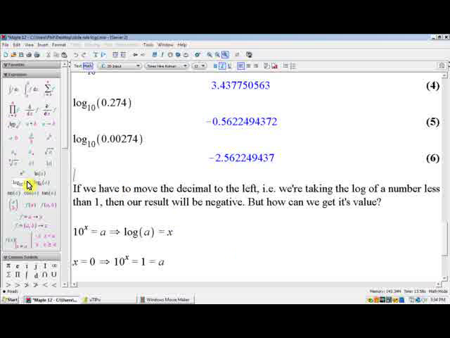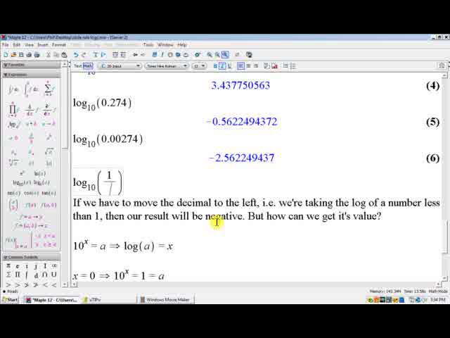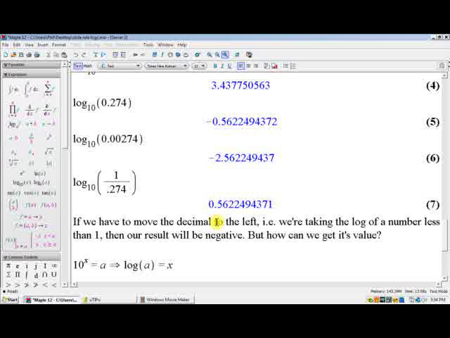And we can go ahead and try that. I'll take the log base 10 of 1 over, and I knew my numbers were 274, except they're on the wrong side of the decimal. They're here, 274, right? And this should give me positive 0.562. There you go.